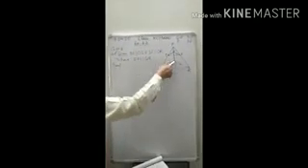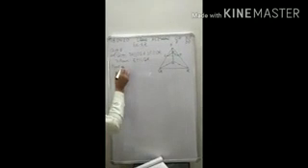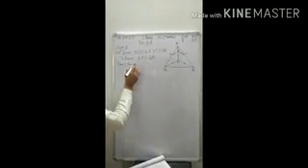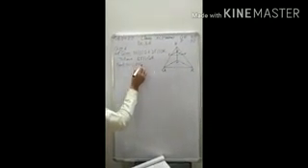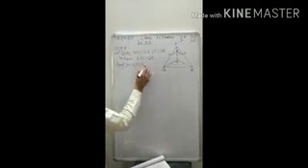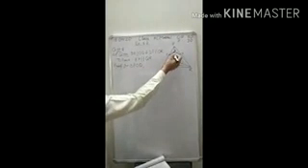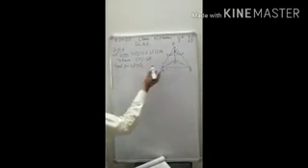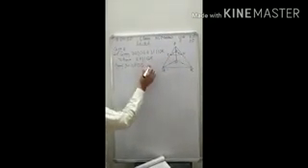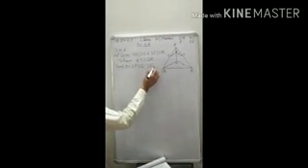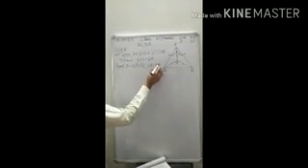First of all, you take triangle POQ. You write, in triangle POQ, we are given that DE is parallel to OQ.